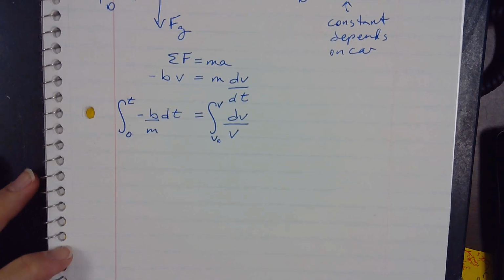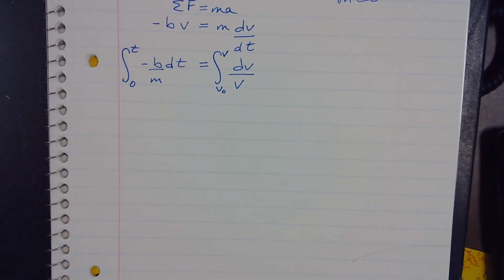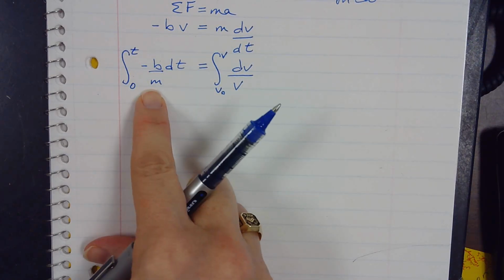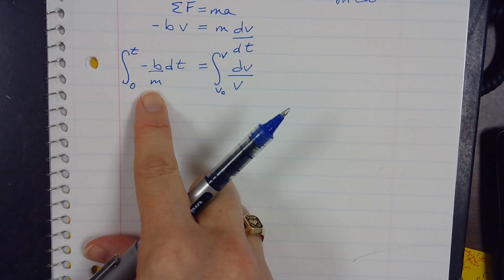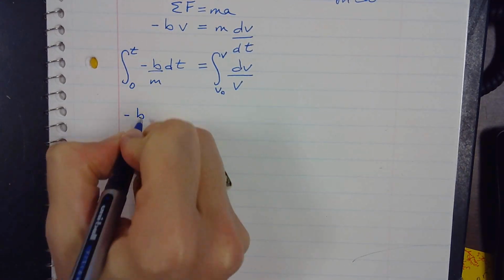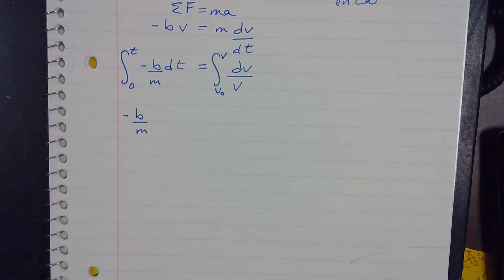So now, performing the integral is actually not that hard. B is a constant that depends on the car. M is the mass of the car. That's a constant also. So I can pull out minus B over M. And then what's the integral of a derivative? What's the whole point of doing integration versus differentiation?